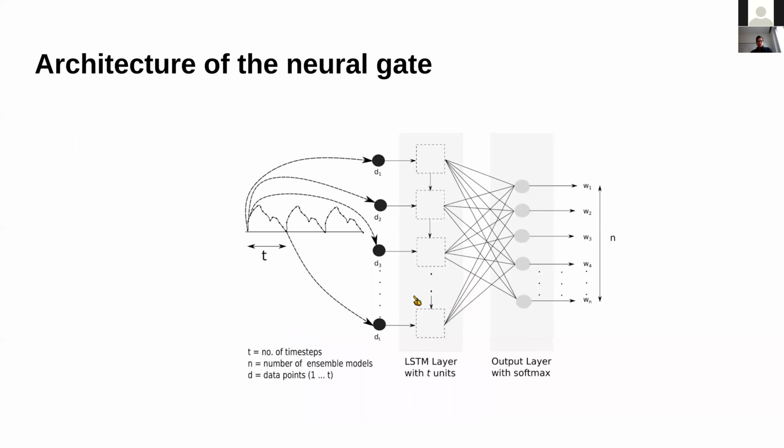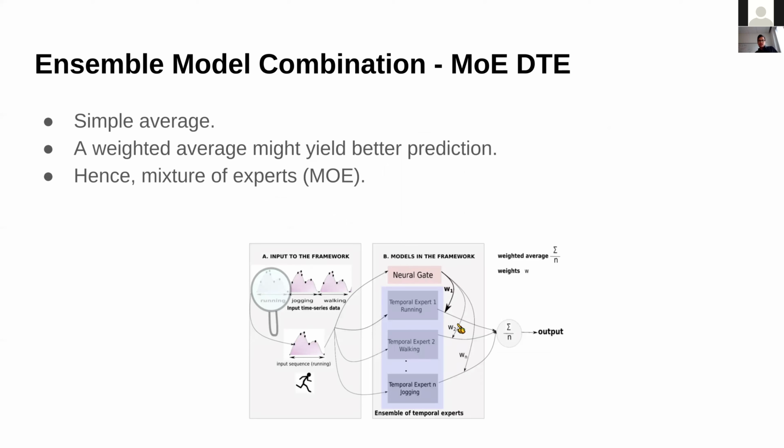The architecture of the neural gate is quite simple. This is just to show you that we are using an LSTM because there's a time series input, and the output of this neural gate will provide me with a single dimensional vector with n outputs, where n represents the number of models, because this neural gate will provide the same number of outputs as there are models in the ensemble, since the outputs will help me weigh each of these models.